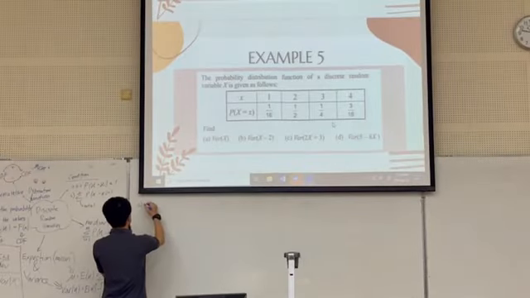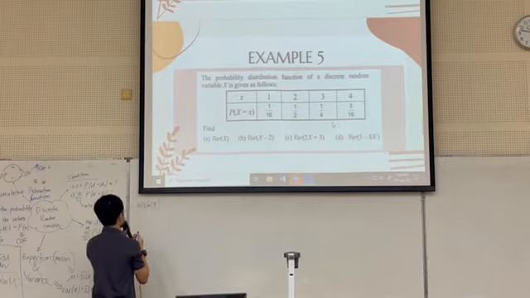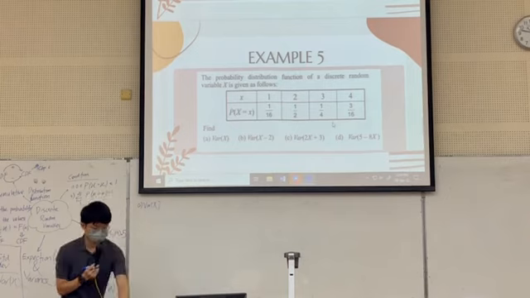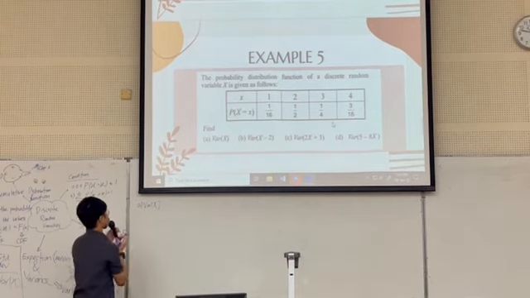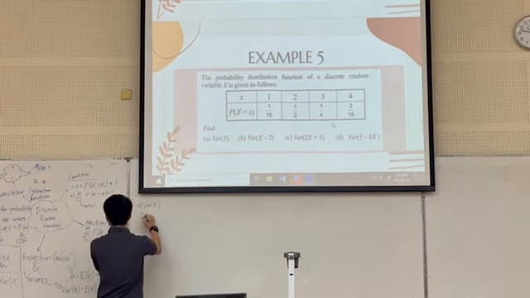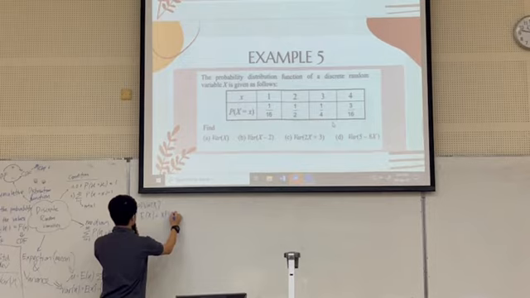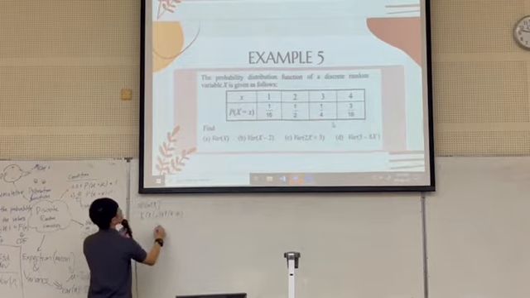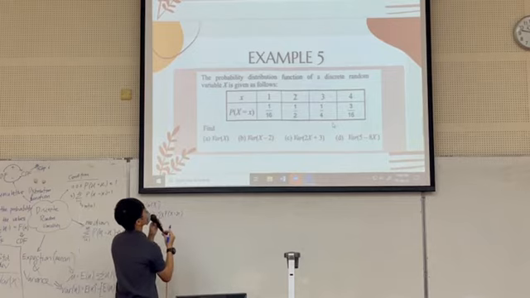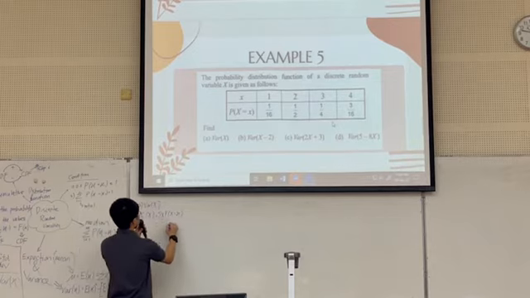So the question wants us to find the variance. To find the variance, we need to find the expectation first. So we just use the formula of expectation, which is the sum of x multiplied by p(x), and total up. We just need to use this formula and substitute.